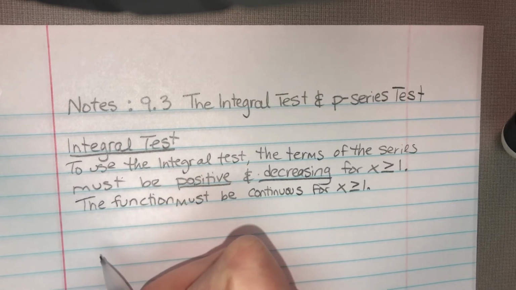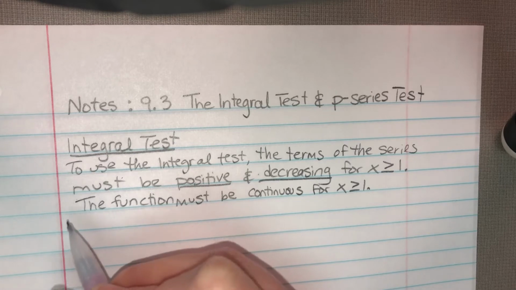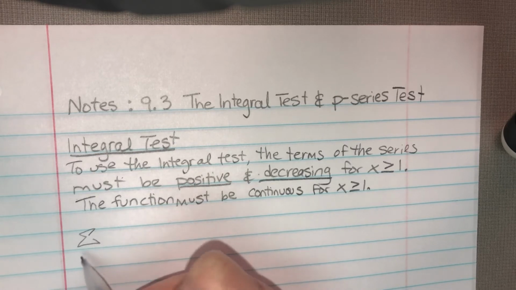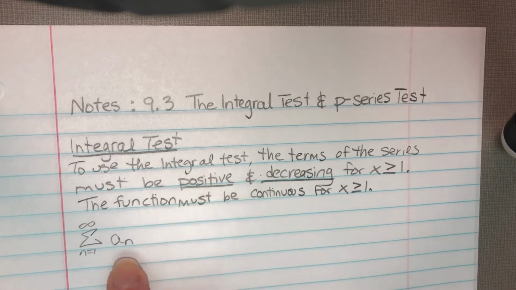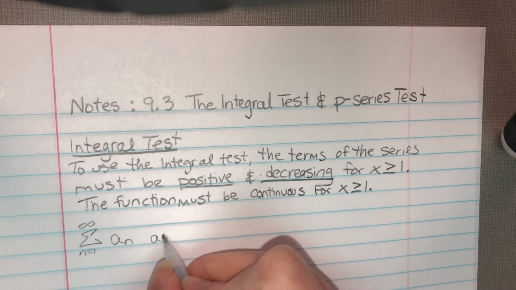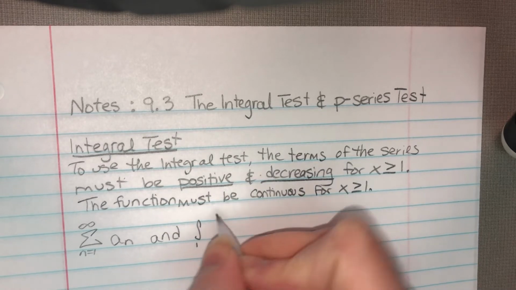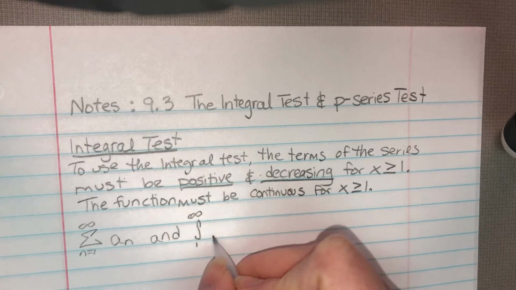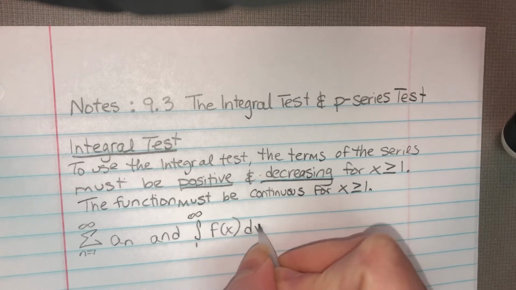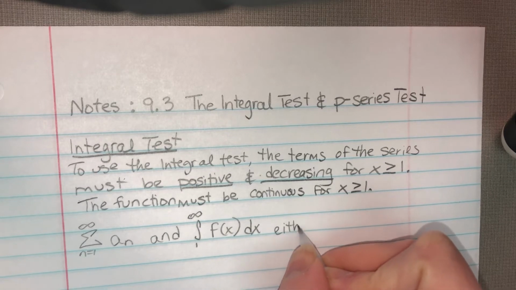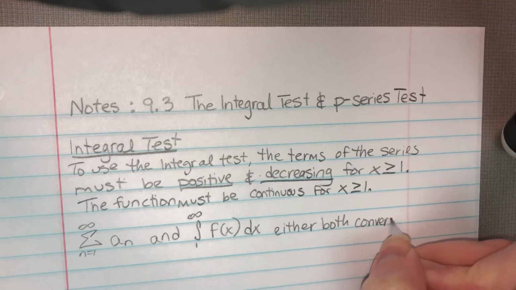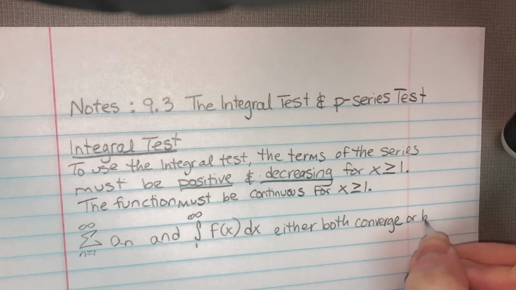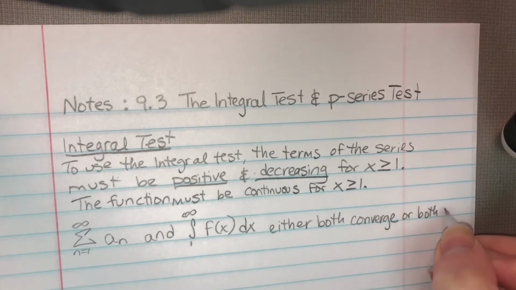Once you have determined that you can use the integral test on the function, the sum from n equals 1 to infinity of a sub n, which is just your series function, and the integral from 1 to infinity of f of x dx, either both converge or both diverge.